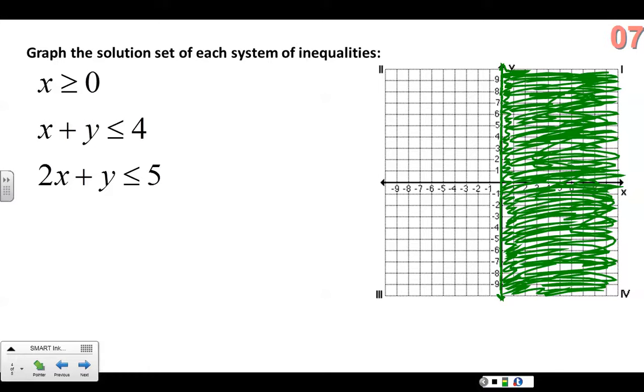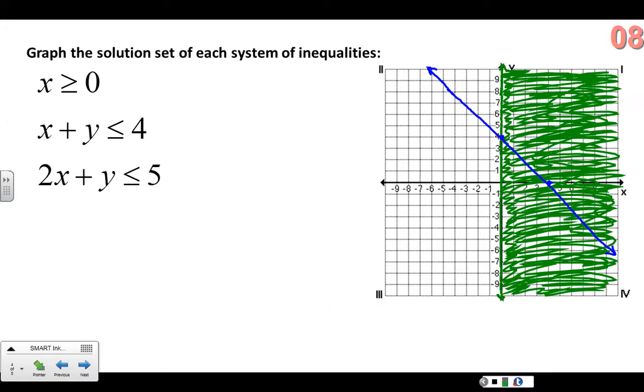Okay, x plus y is less than or equal to 4. So the x-intercept is 4 and the y-intercept is 4. And it's a solid line as well. And if I pick the origin, I would get a true statement.